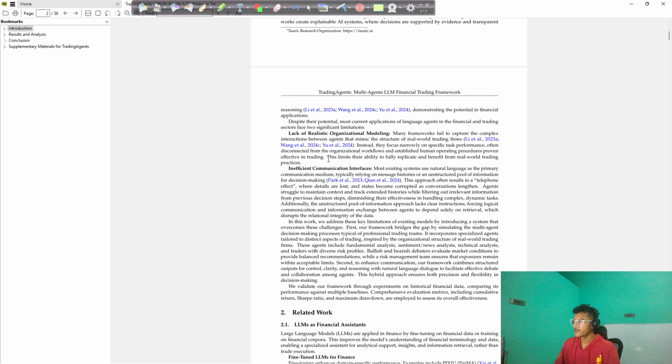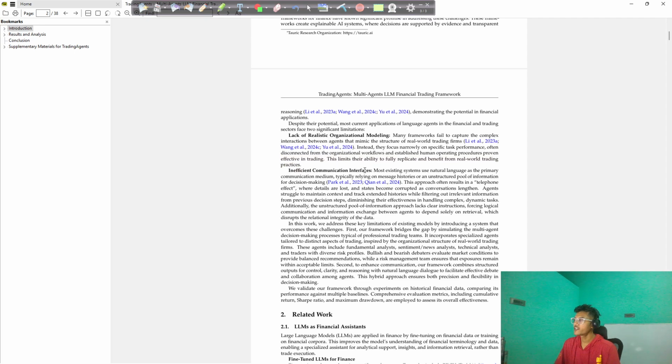So this limits their ability to fully replicate and benefit from real world trading practices. Now the second is inefficient communication interfaces. What it means is that most existing systems use natural language.